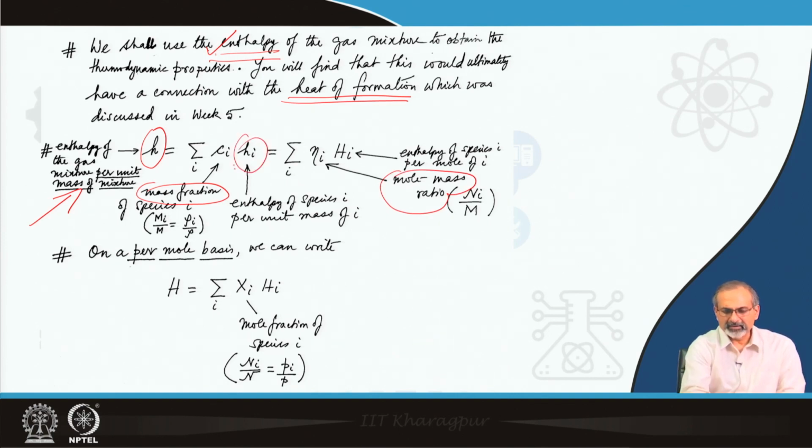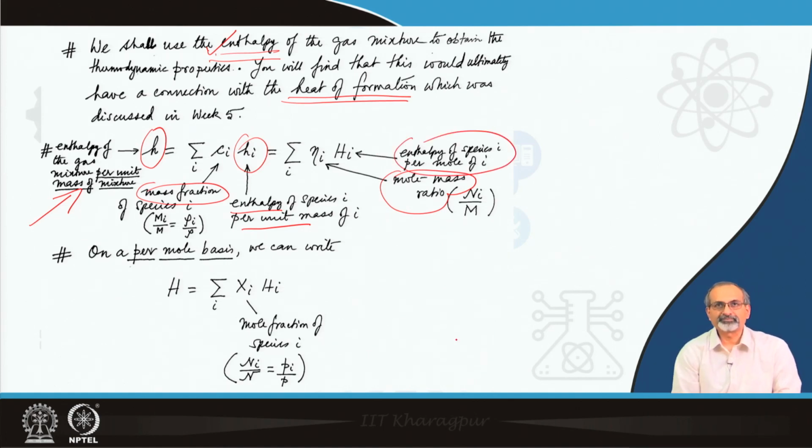So, here in that case with the mass fraction you will have enthalpy per unit mass, and when you go by the mole mass ratio you get the enthalpy per mole. You recall the nomenclature that we use: lower case for unit mass basis and upper case for per mole basis. So, we continue to follow that nomenclature.